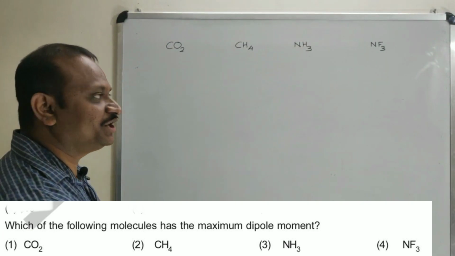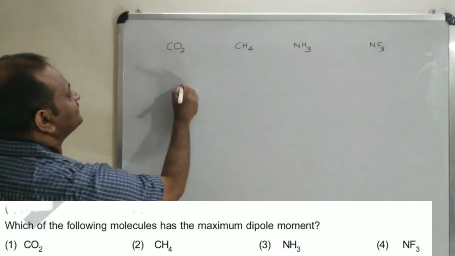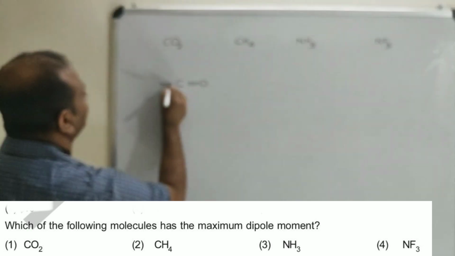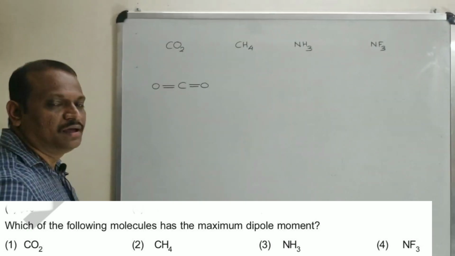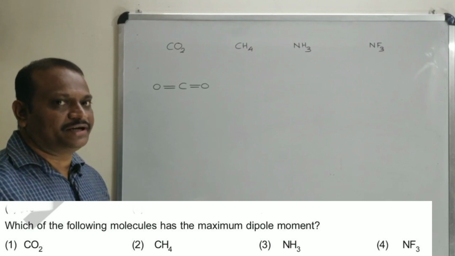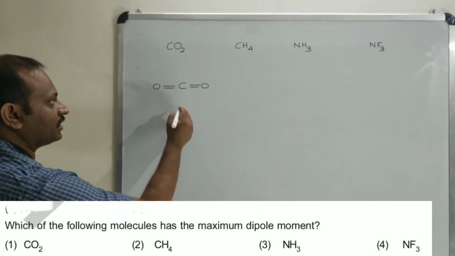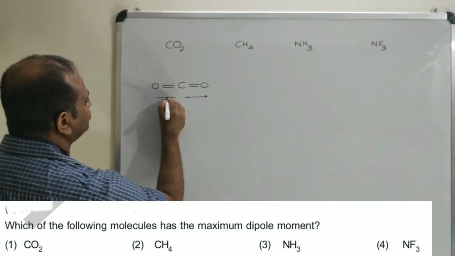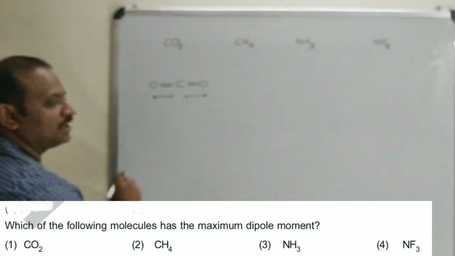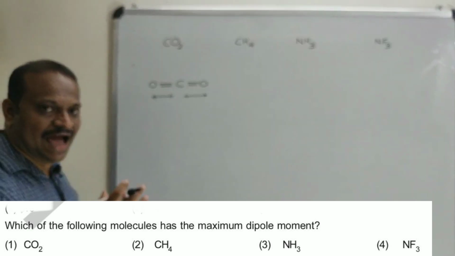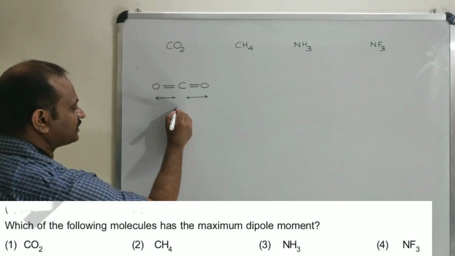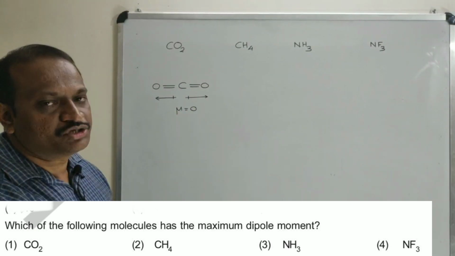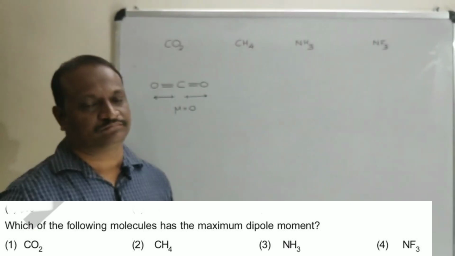In carbon dioxide, you know that we have C double bond O and here also double bond O. Here the dipoles are in opposite directions, one dipole to this side and the next to the opposite side in equal magnitude. So what will happen with the resultant? The resultant comes as 0 here.